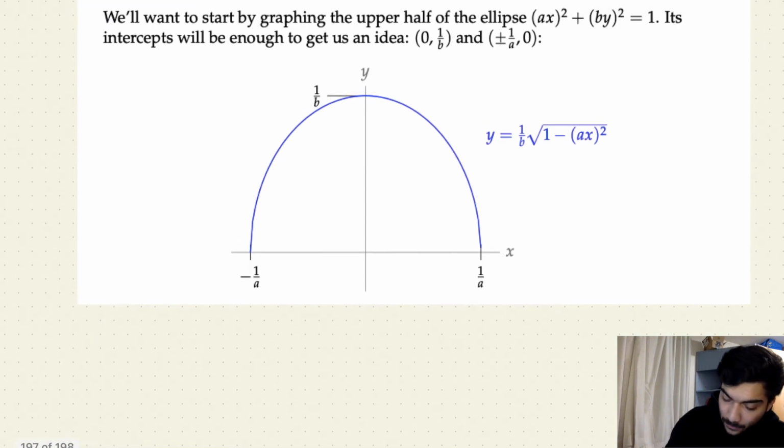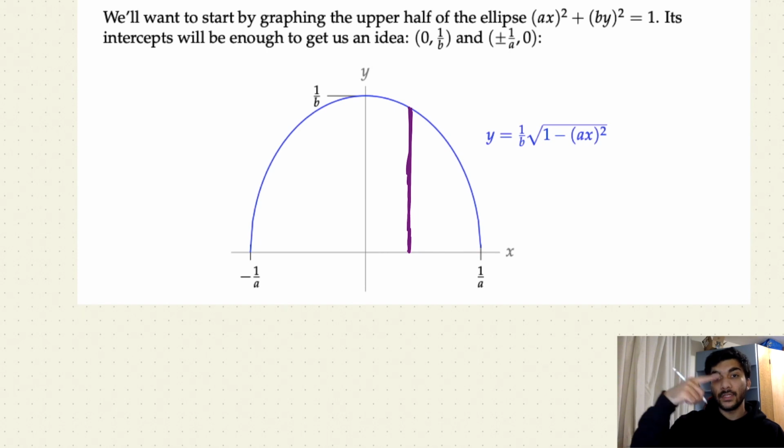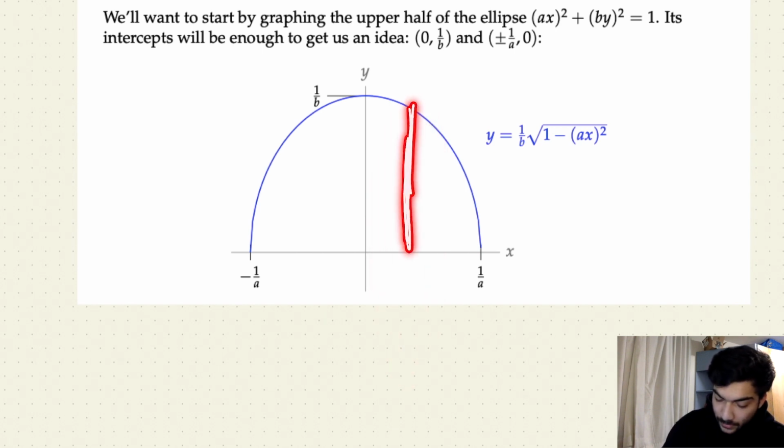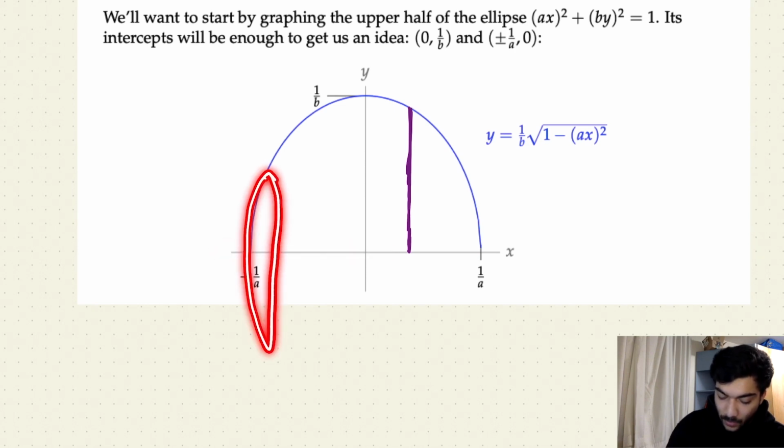If I take a vertical strip over here and imagine rotating this vertical strip about this line, you are basically forming a circle with this radius. And similarly, if I take a vertical strip over here and rotate it about the x-axis, I'm basically making one more circle over here.